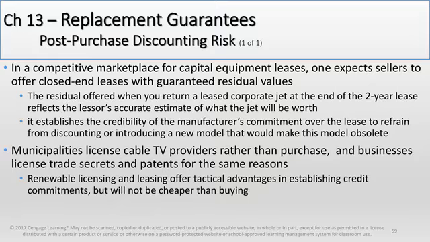4. Application to trade sectors and partners. The same logic applies. Renewable licensing offers strategic control and resale value. Outright sale removes the seller's leverage and reduces asset value over time. 5. The key takeaways. Leasing isn't always cheaper, but it's smarter.